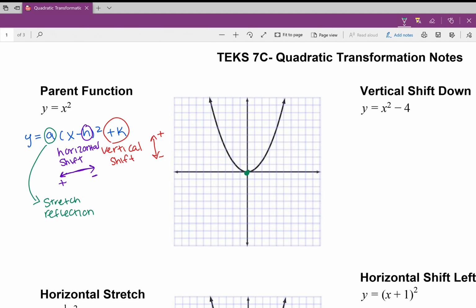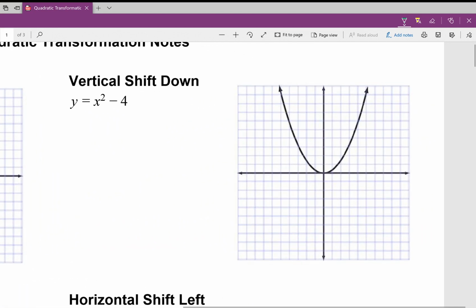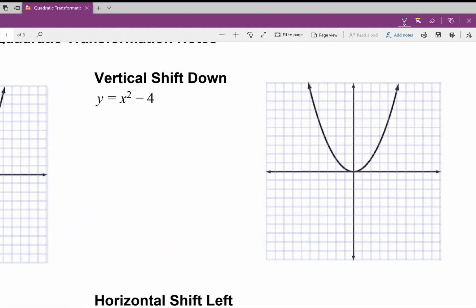Okay, so let's go over to the right and look where it says vertical shift down. Remember, vertical shift is our k value. If it's going down, that means k is going to be negative, and we can see that right here where it says -4.